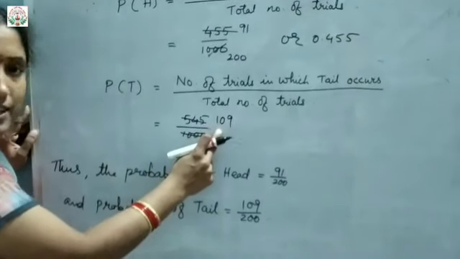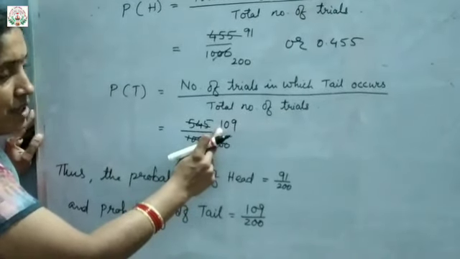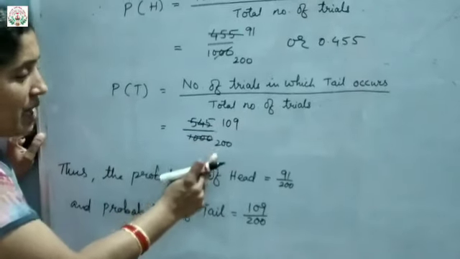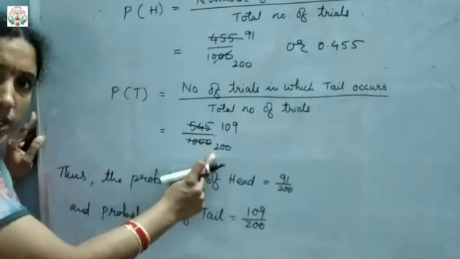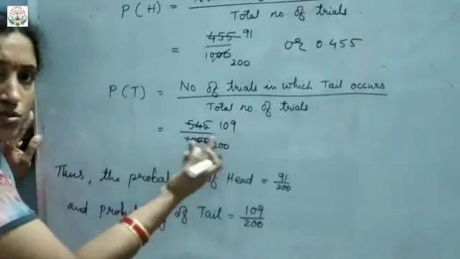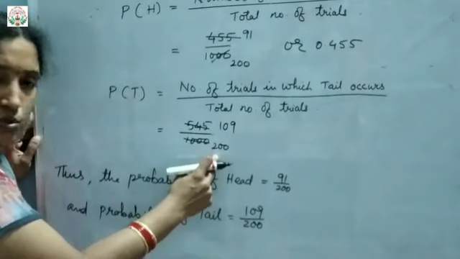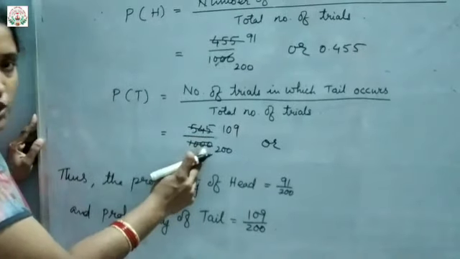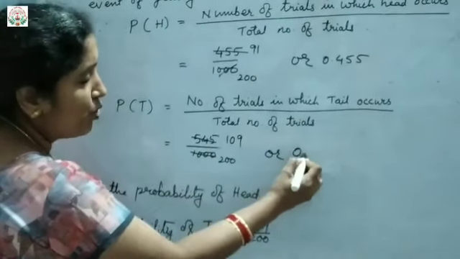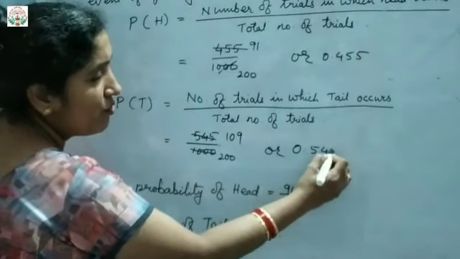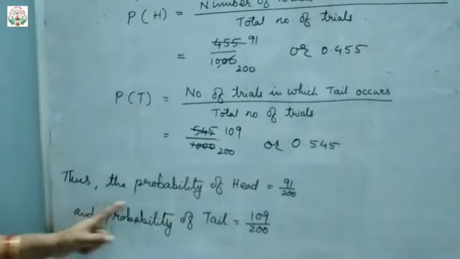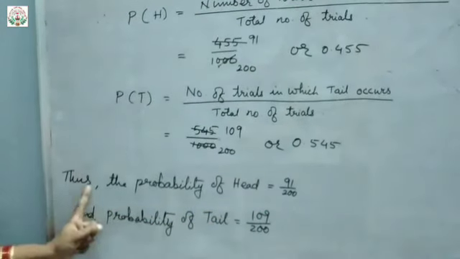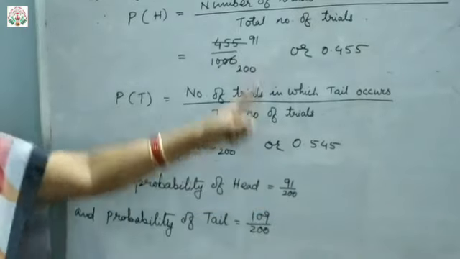So divide it and bring it to the simplest form. That is numerator 109 and denominator 200. Further it is not divisible. So you can leave it as a fraction, or you may write it as a decimal, same 1000 is there, so it will be 0.545. Clear?